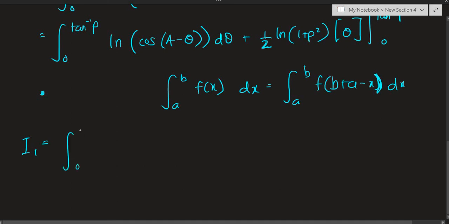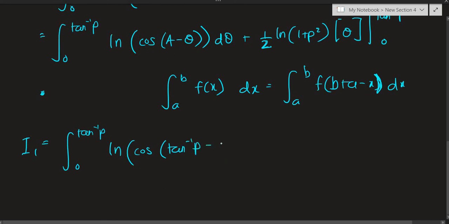So we integrate from 0 to inverse tangent of p. The upper and lower bounds remain the same. If you notice, we have the natural log of the cosine of, well, tan inverse of p plus 0 is just tan inverse of p, but with a negative of this thing.